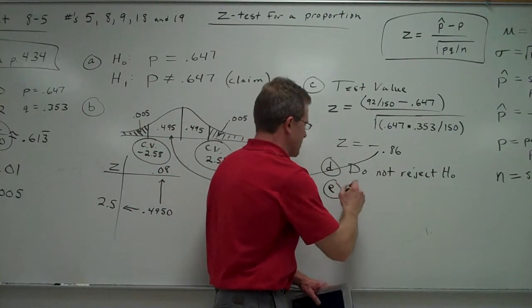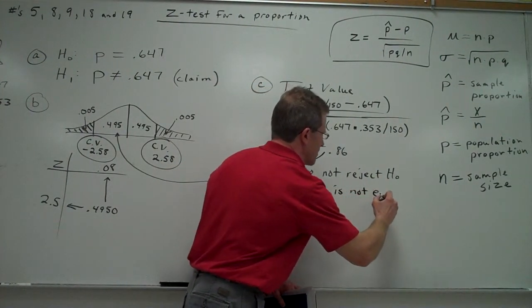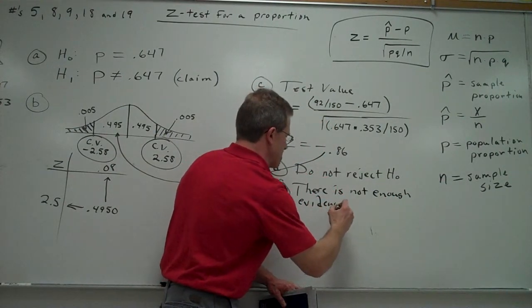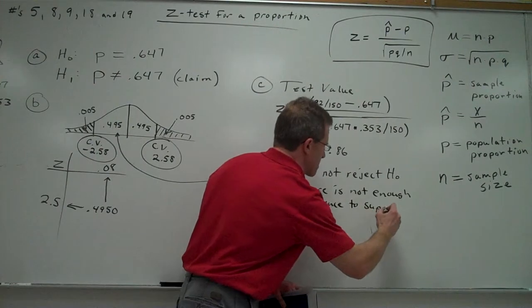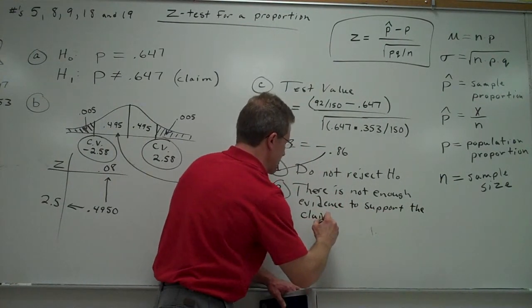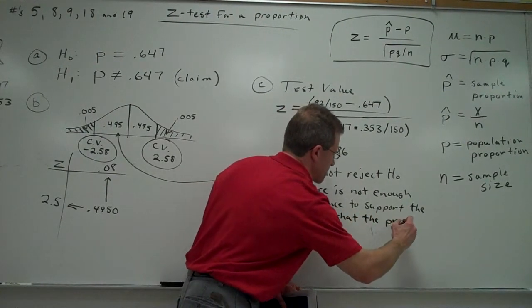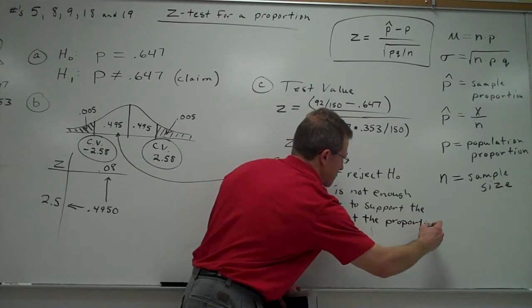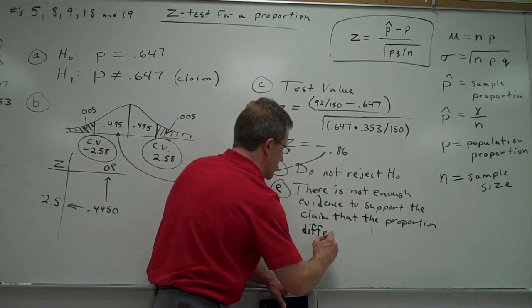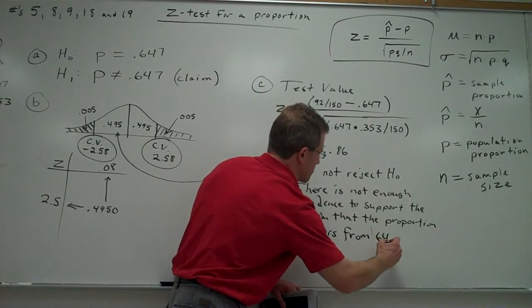So for part E, there is not enough evidence to support the claim that the proportion differs or is not equal to 64.7%.